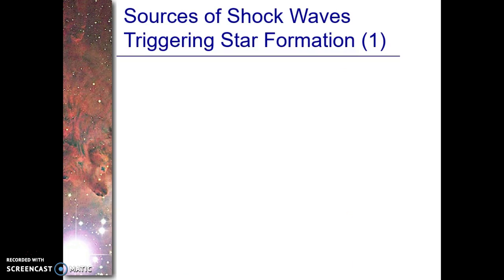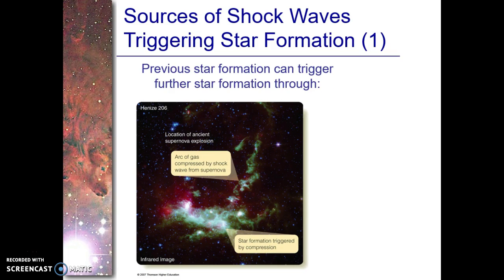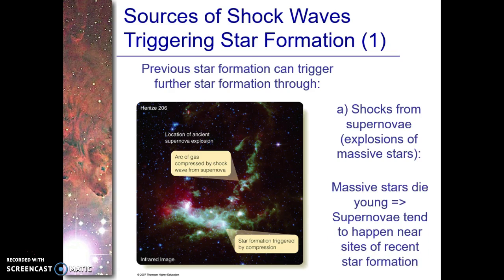So what are some sources of shock waves? What's a way that a shock wave can be triggered? Well, previous star formation can trigger one, so a star that was just made can actually trigger a shock wave. A supernova, the explosion of a massive star, could trigger a shock wave that would go through.